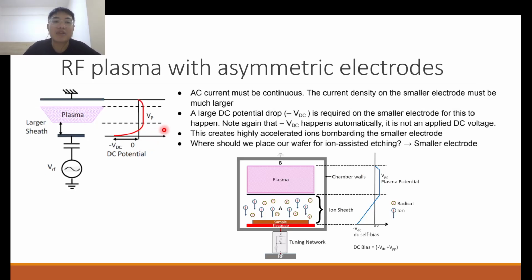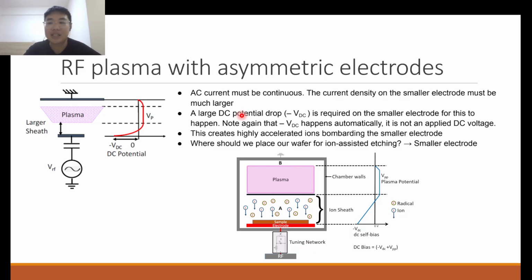And so precisely for that reason, equipment manufacturers developed this idea of RF plasma with asymmetric electrodes. Why asymmetric electrodes? Because of the principle where you want to enhance the electric field experienced by the ions at the wafer surface, because we want more ions to bombard the wafer so that it can etch the wafer. We don't quite care about the other electrode.